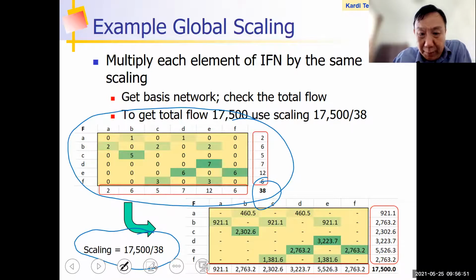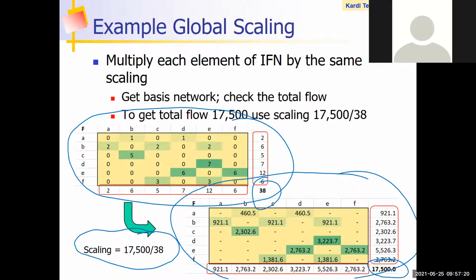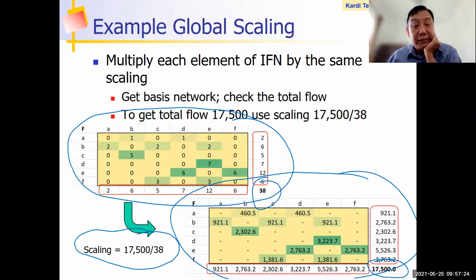So then you multiply each link with that scaling number. Then you get this flow on the right. Of course, they are also pre-magic, and the sum now becomes 17,500. Is it clear or not? You just multiply by one number. Any question?